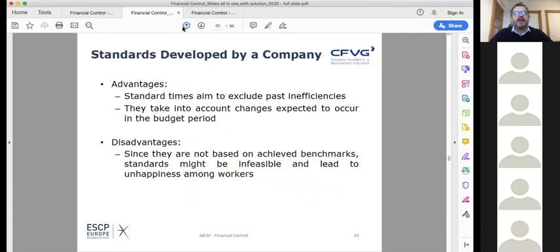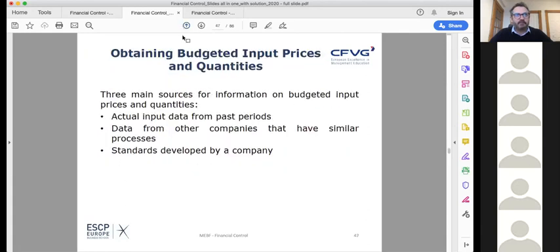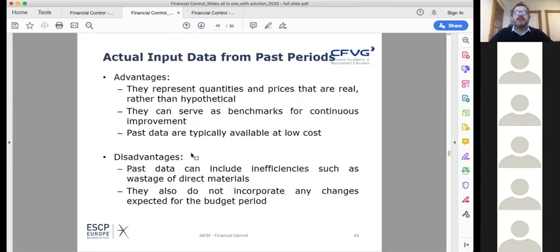We can take the data from previous periods, benchmark with similar companies with similar processes, or use the standards developed by your company. Each of these methods has pros and cons, right?